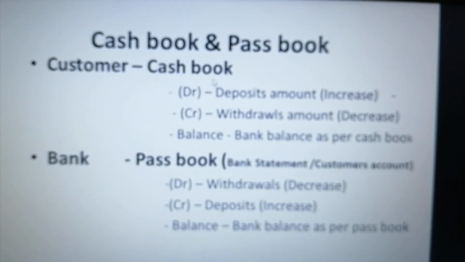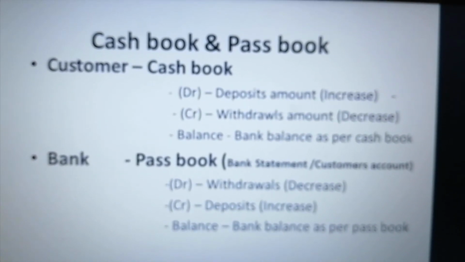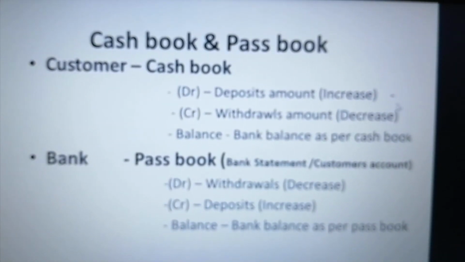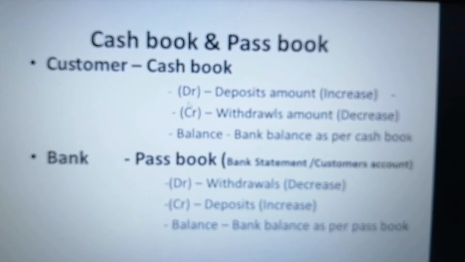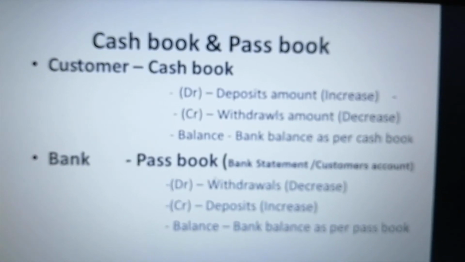In the cash book, when the amount is recorded on the debit side, it's a sign of increased balance of account. So the debit balance of the cash book is taken as a favorable balance. Whereas in passbook, when the amount is recorded on the credit side, it's a sign of increased balance of account, so it's a favorable balance. Simply to say, the debit balance of cash book is a favorable balance and the credit balance of passbook is a favorable balance. Clear?